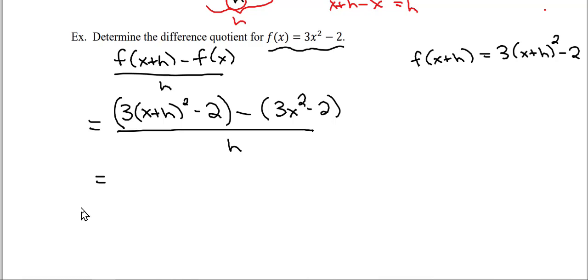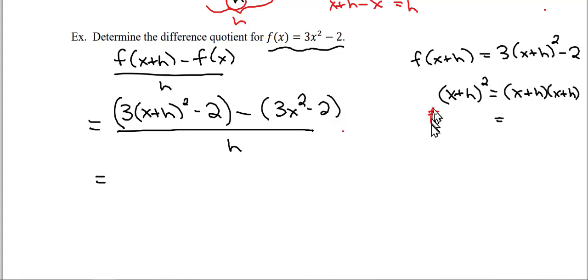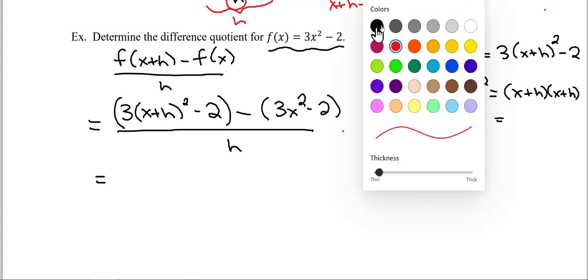Now we need to do some algebra to clean this up. X plus h, quantity squared. Remember, that means x plus h times x plus h. It is not equal to x squared plus h squared. Another common mistake I see. You have to distribute it out.